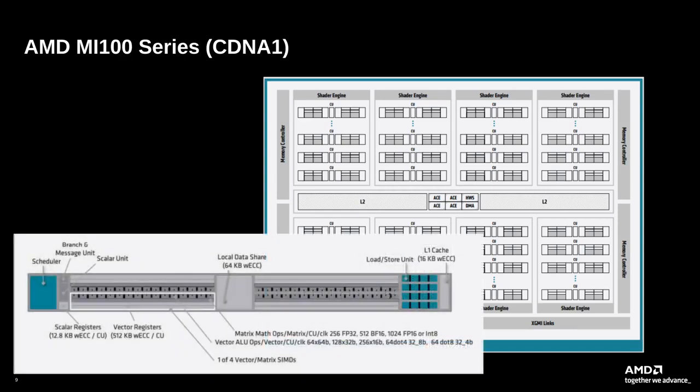So each compute unit on the MI100 GPUs has 4 vector execution units, and they also are equipped with what are called matrix engines. And the matrix engines implement an instruction called a matrix fused multiply add. In addition to those vector execution units, there's 4 vector register files, as well as 64 kilobytes of high bandwidth local memory.